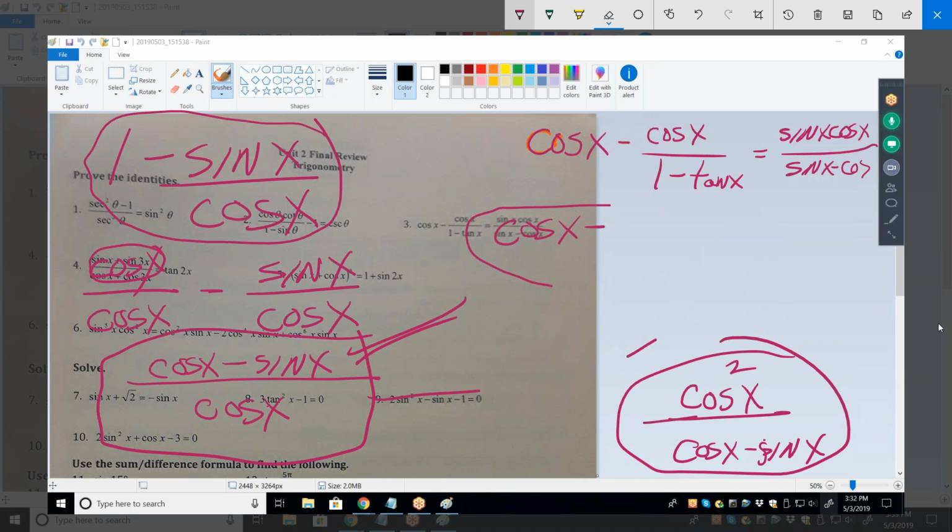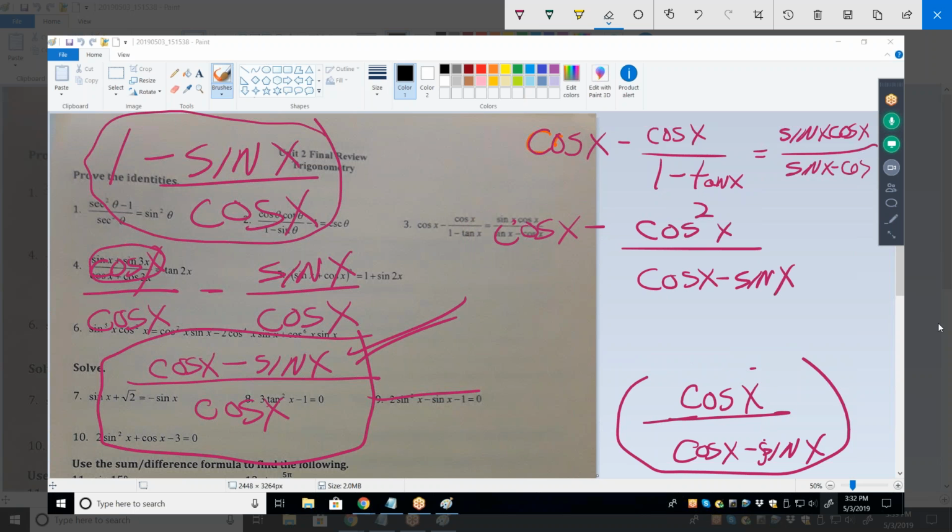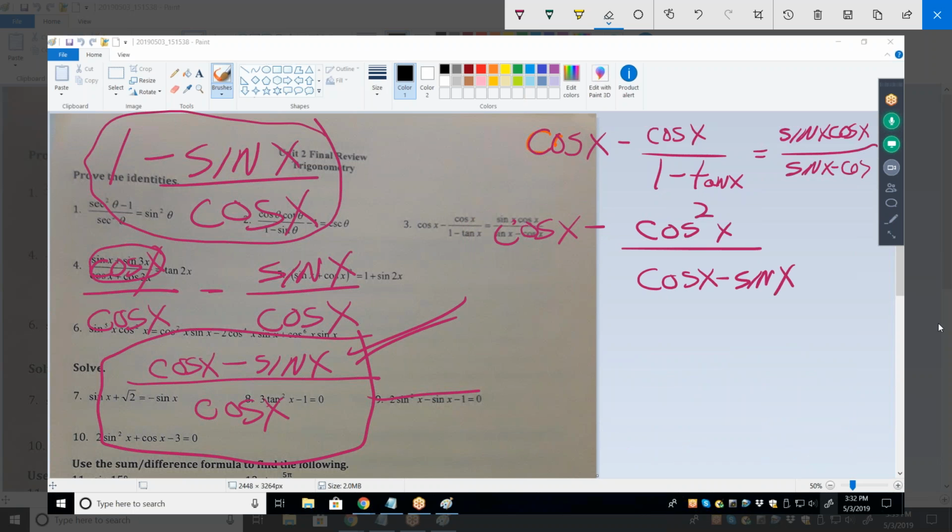And now I've got cosine squared of x all over cosine x minus sine x. So that's where we're at this point.